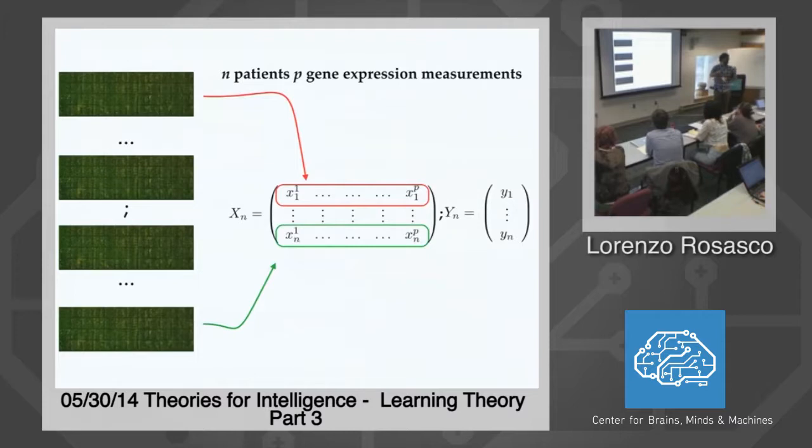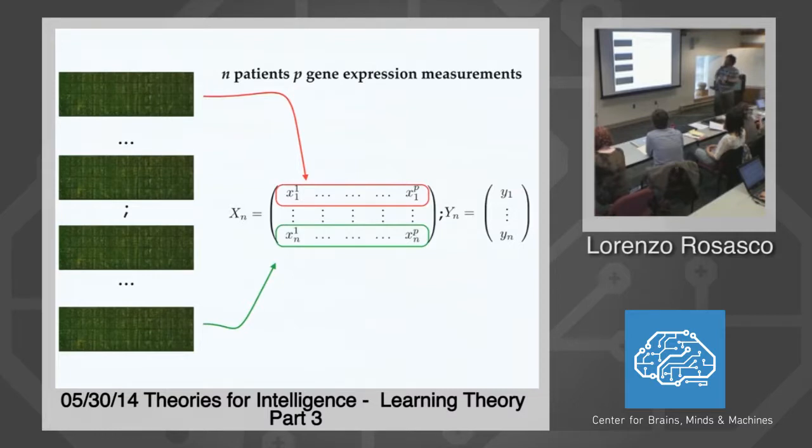For now, I think it's kind of a dream, but that's kind of what the story is. The patient arrives, and you take a sample of, say, a tissue, and then what you produce is this kind of stuff here. This is what is called the microarray, which basically gives you the expression of each gene in the DNA of the person, in the affected region, okay?